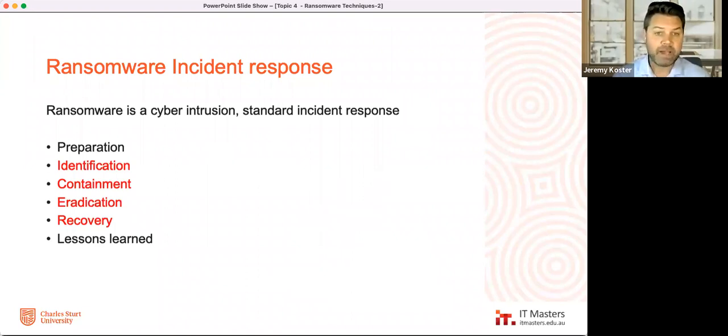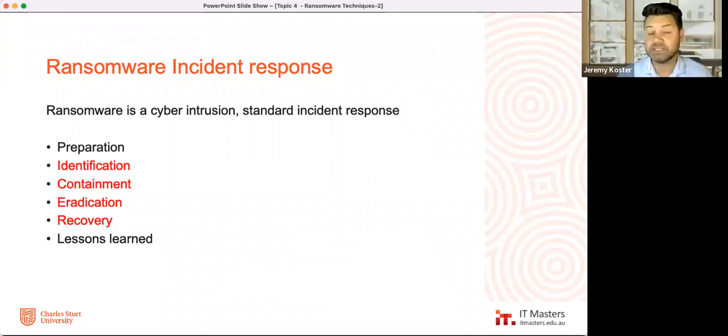So for ransomware incident response, I've got the 4 items here in red and the one up the top, one down the bottom. This is the standard PICERL: preparation, identification, containment, eradication, recovery, lessons learned. It was, I think, mostly in the SANS incident response, so shout out to SANS for their good work here, but it's been a bit of a mainstay in the CISM and in the CISSP.